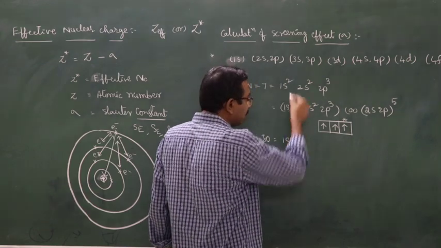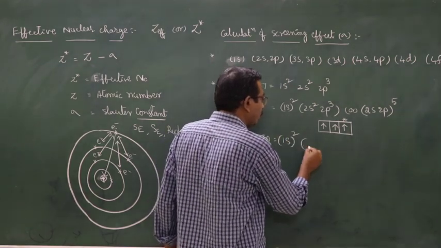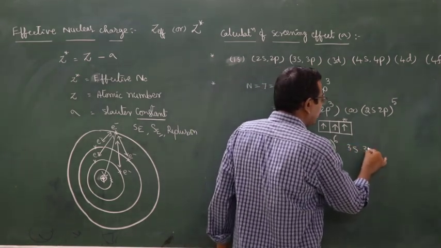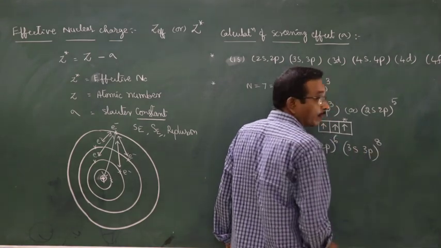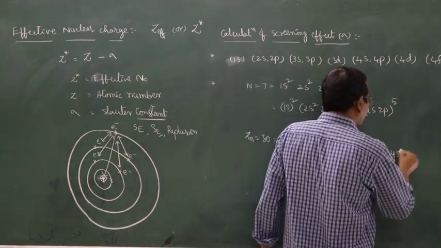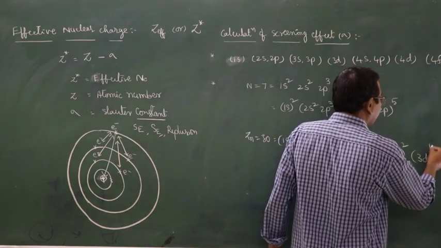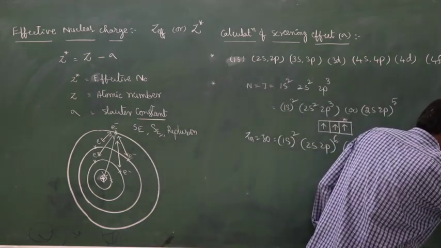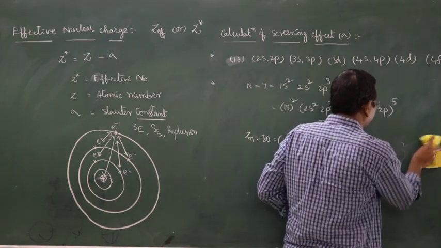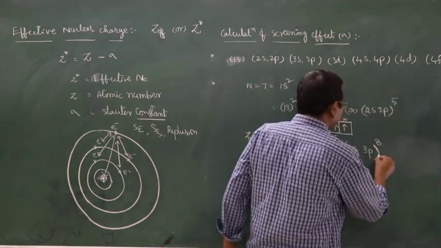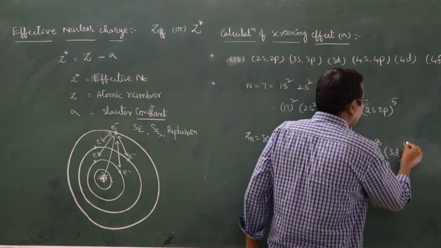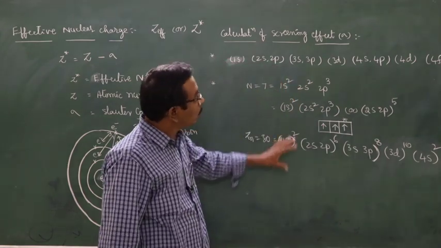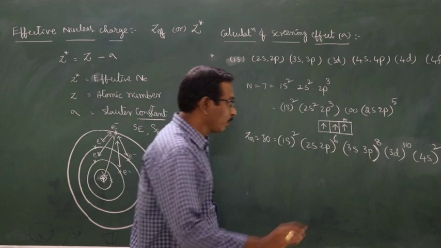Electronic configuration according to Slater: 1s2, 2s2 2p6, 3s2 3p6, 3d10, 4s2. This is according to Slater configuration, right?